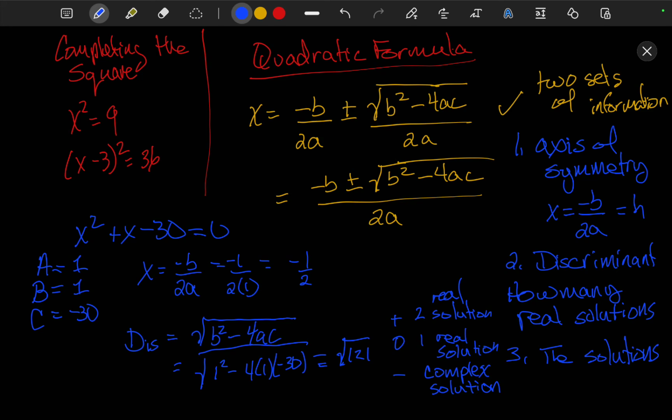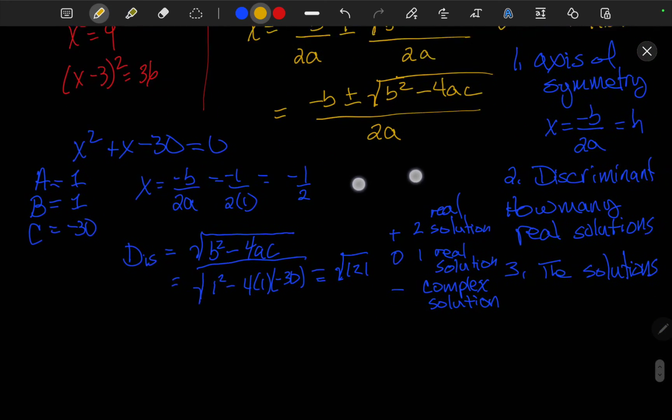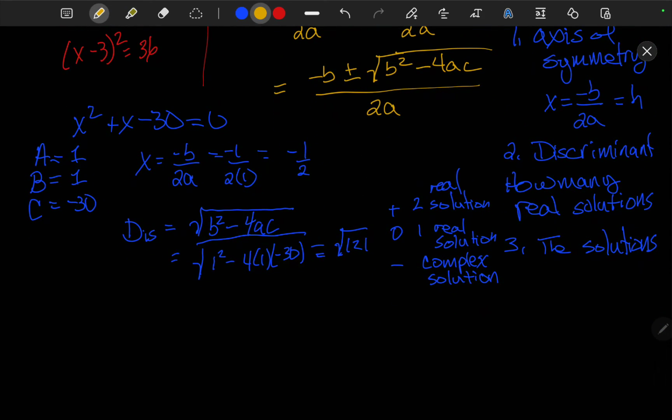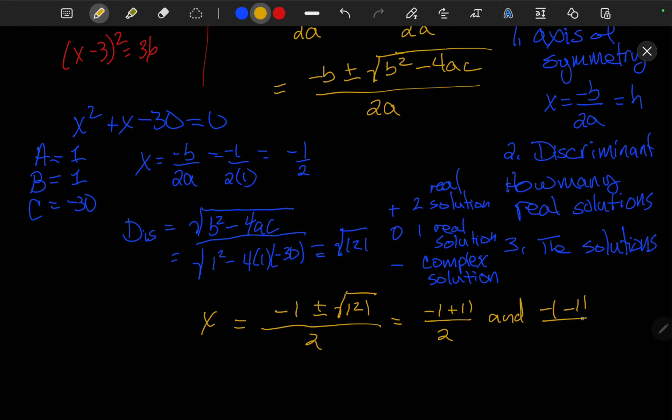All we do is substitute into the formula. We already know what the negative of b is, negative 1, plus or minus the square root of 121, all divided by 2, which gives us negative 1 plus 11, because the square root of 121 is 11, divided by 2, and negative 1 minus 11 divided by 2.